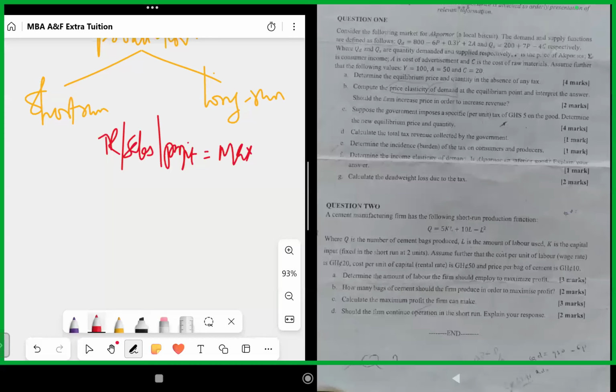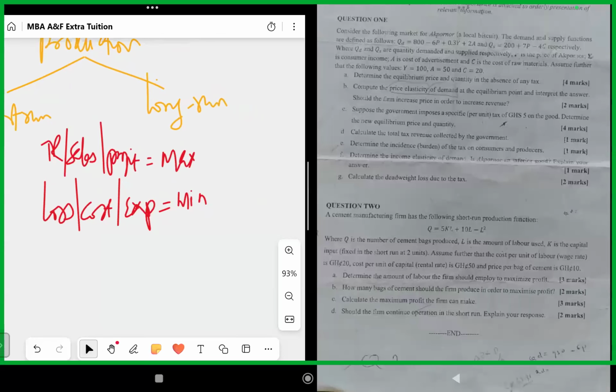Every business wants more profits, more sales, more revenue, more income, more gains, at maximum. But when it comes to losses, costs, and expenses, the business always wants to produce at minimum costs and incur minimum losses and minimum expenses, because if your cost of production is minimum and your revenue is maximum, then you can get higher profit.